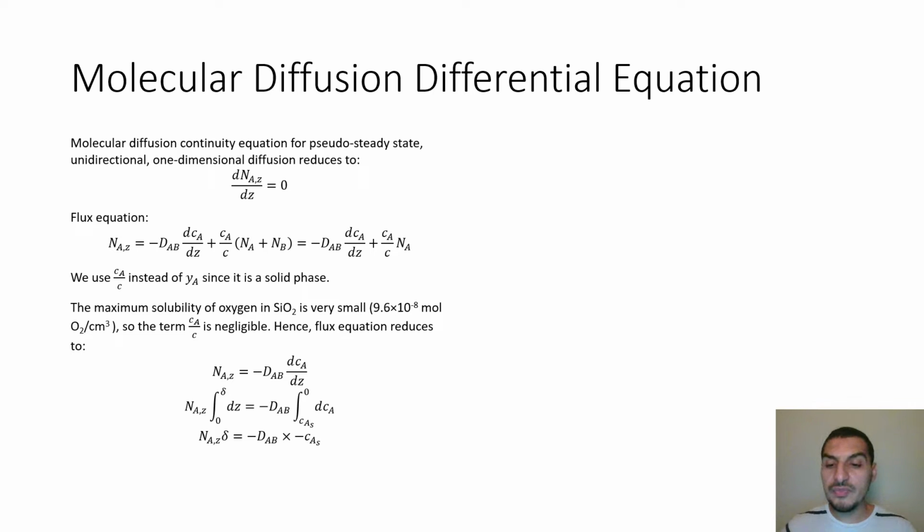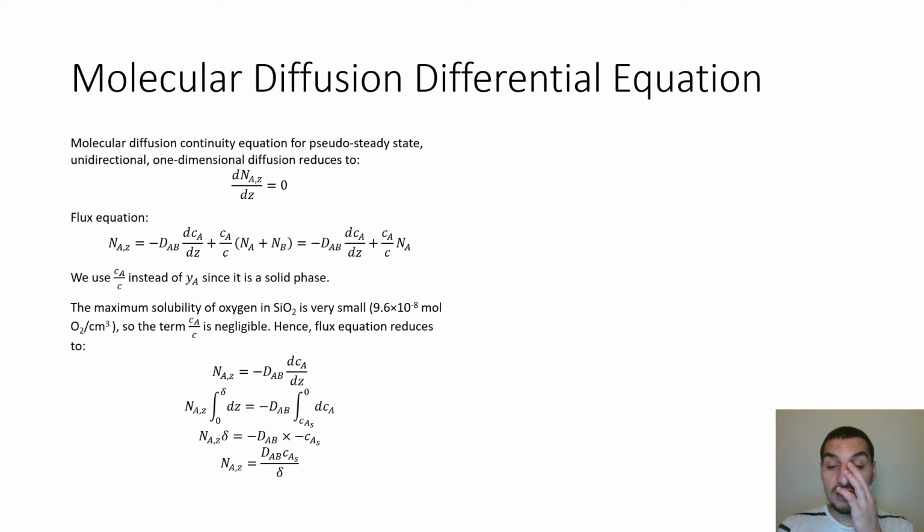And then we can do the integration. We get the form of the flux. So the equation tells us that the flux equals the diffusion coefficient multiplied by the concentration at the surface divided by delta. And I encourage whoever is going through similar procedures to do quick checks on the equations to make sure that they are logical, that they make sense.